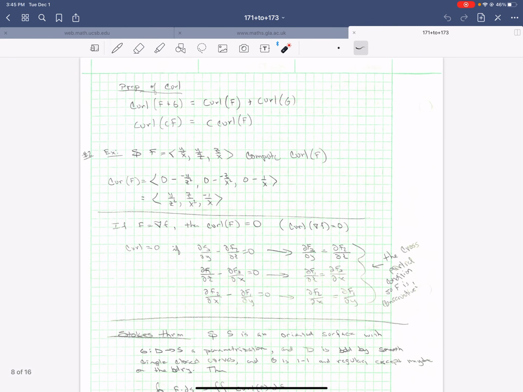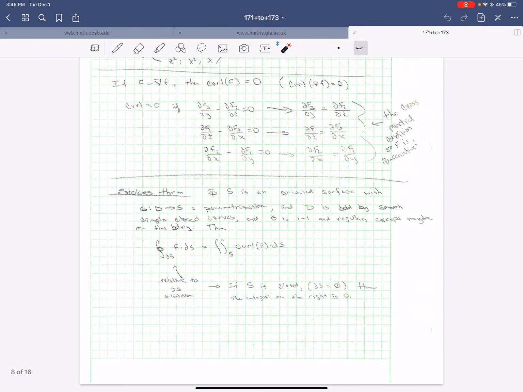Then we had properties of the curl, that it's additive and that you can pull out scalars. And then a few of these things about the cross-partial properties that was true for conservative vector fields. It still holds. So if the vector field's conservative, then the curl will be 0 in that case.